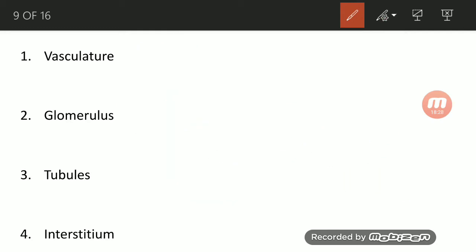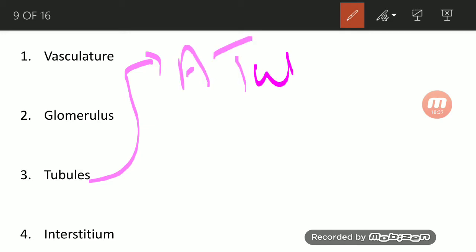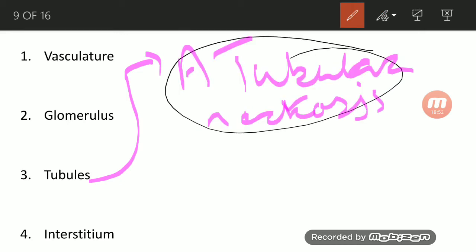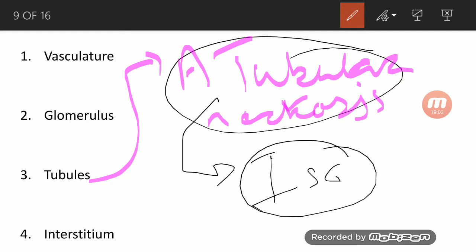Third is your tubules. The main cause of damage to your tubules is acute tubular necrosis, and this generally occurs due to ischemia.